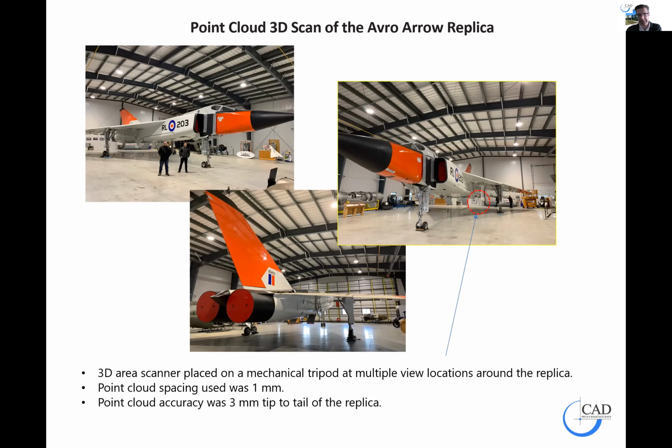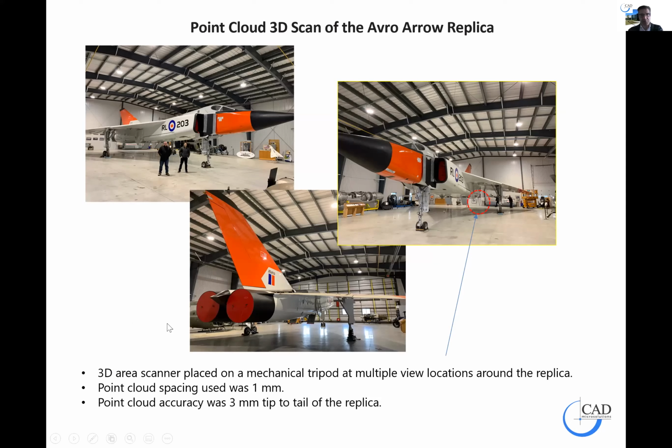The project was to do a point cloud 3D scan of the whole aircraft for a non-disclosed client, for the purposes of creating a model that would go into a virtual reality environment. We provided a full 3D model that was fully rendered and ready to be put into that virtual reality environment.